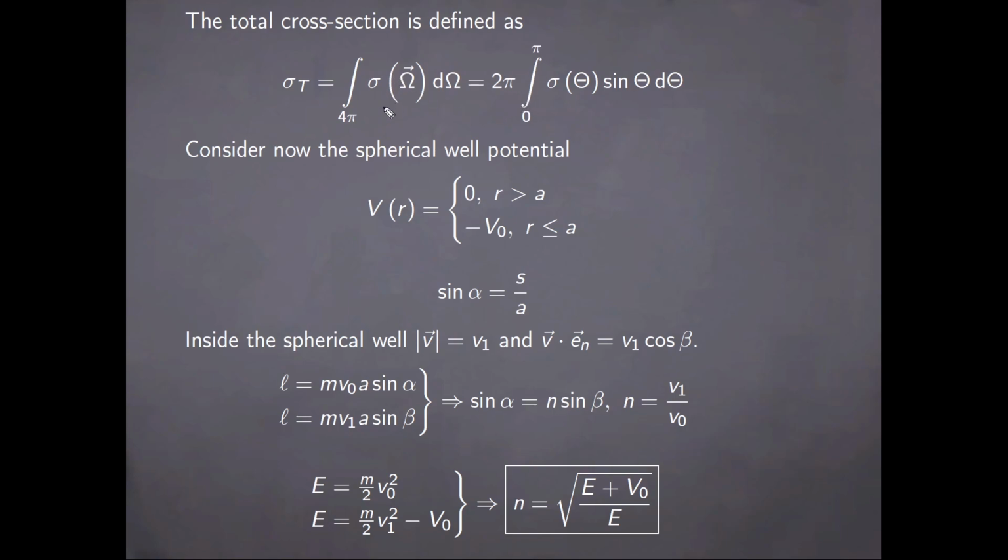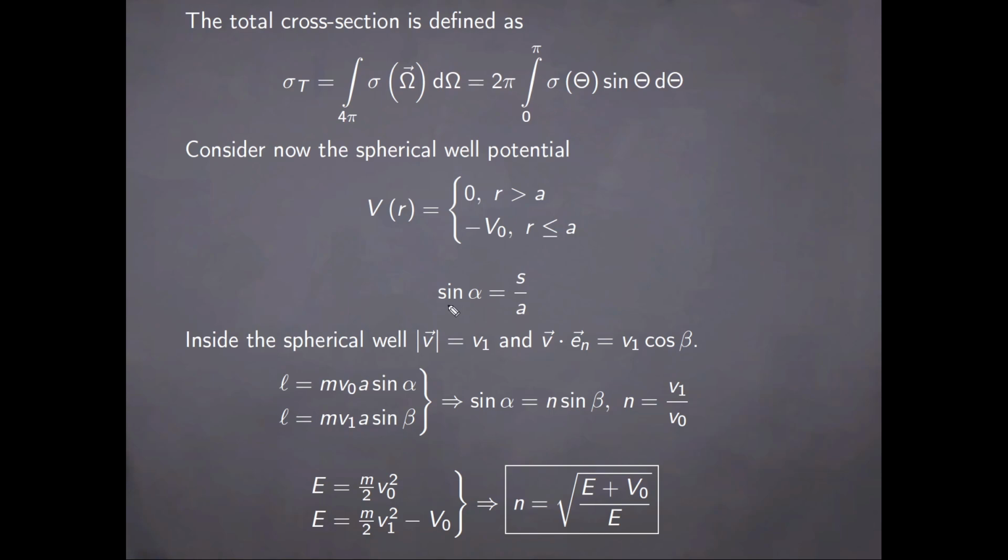And as an example of the evaluation of this quantity, we can consider the spherical well potential. So a potential that is equal to 0 for any radius r larger than some value a, and the constant value minus v0 for all radii which are less or equal with a.